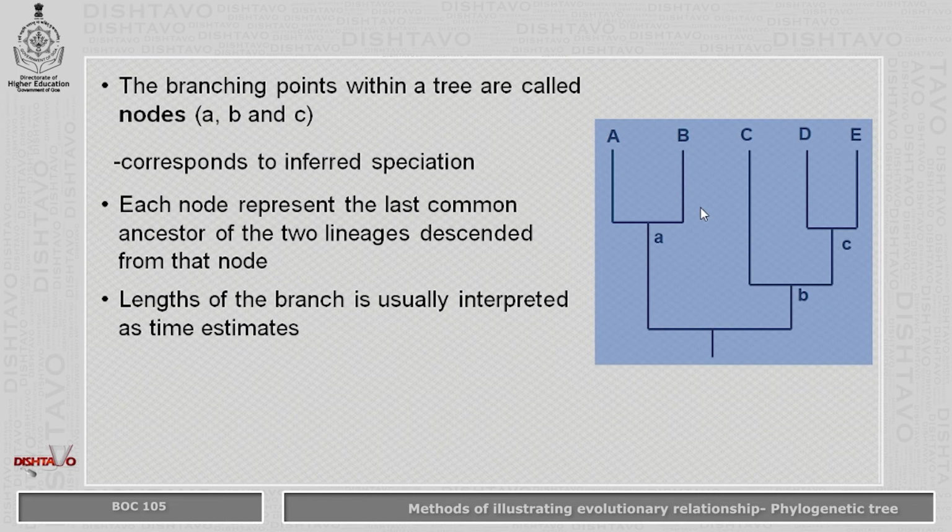The branching points within a tree are called nodes. So here you can see A, B, C. These are representing nodes. These nodes correspond to inferred speciation, that is, possibly from this point new speciation has taken place, and each node represents the last common ancestor of the two lineages descended from the node.